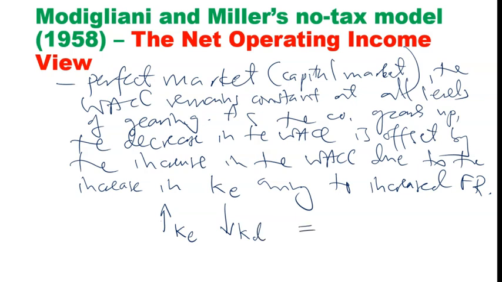By the end of the day, the impact on the WACC is zero. So which means our WACC is going to be unchanged. So let us depict this information graphically.